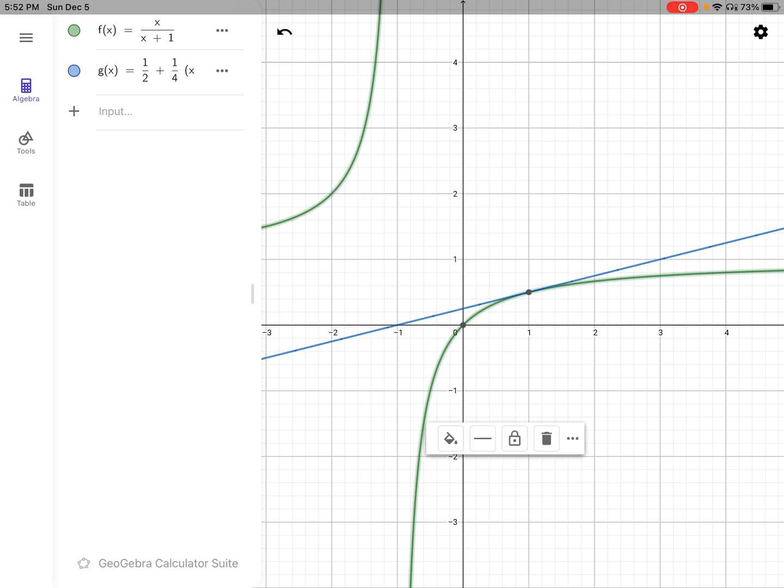So as you can see, it passes through the origin and has this nice sloping curve over to the right. The blue line that you see here is actually the linearization equation, and I graphed it as well. Now notice right here where they intersect at 1 comma 1/2 is actually the focal point, the one that I chose because it was close to 1.3.